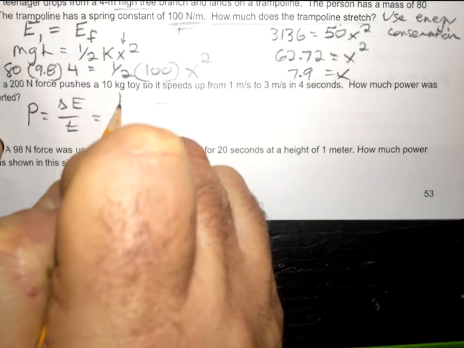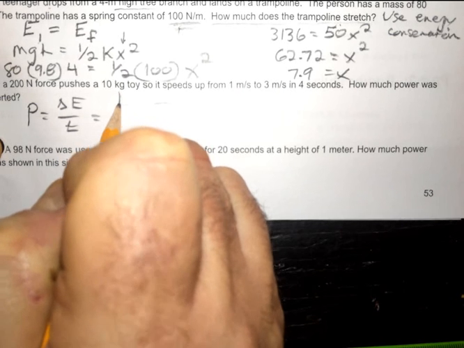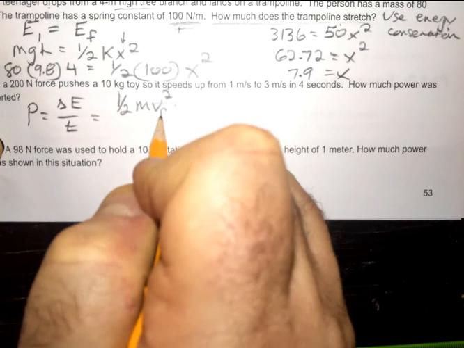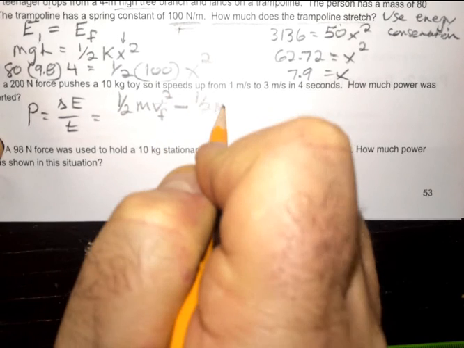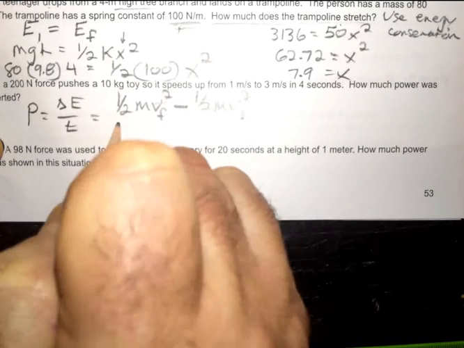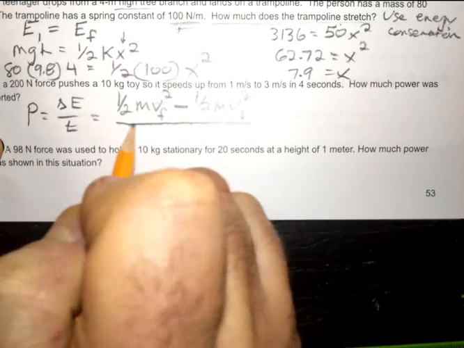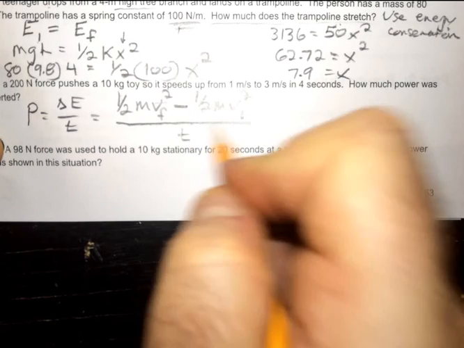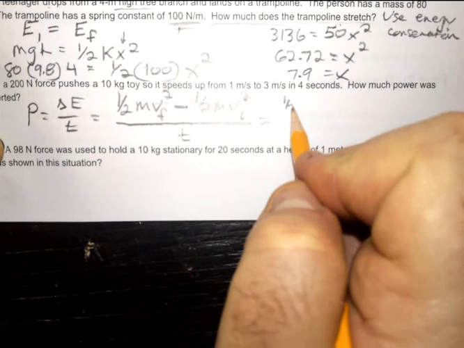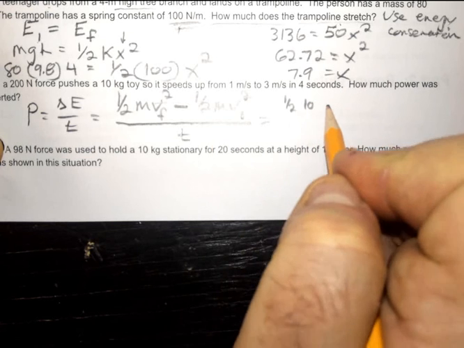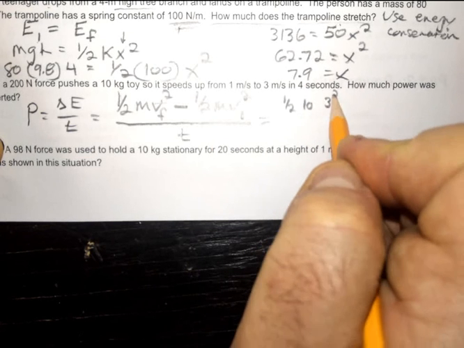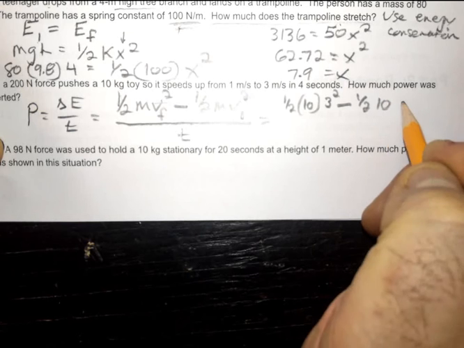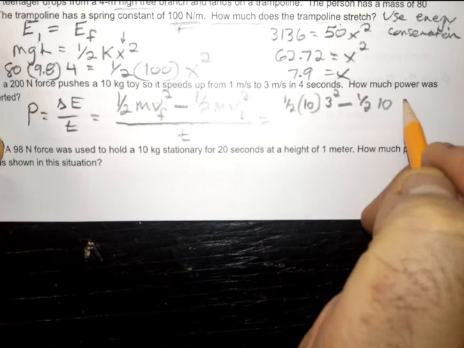So, kinetic energy is 1/2 mv squared. That's the final minus the 1/2 mv squared initially. Remember, it's the final minus the initial. Divide by the time. Put in our numbers. 1/2 times 10 times the final velocity 3 squared minus 1/2 m the initial velocity squared.